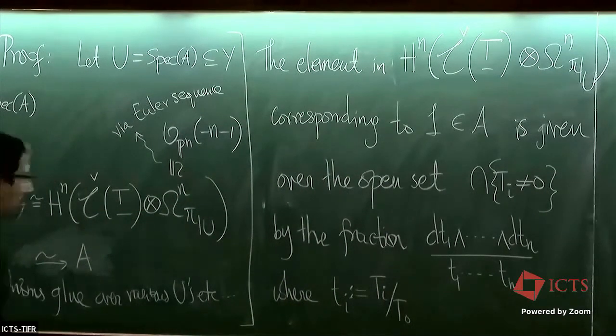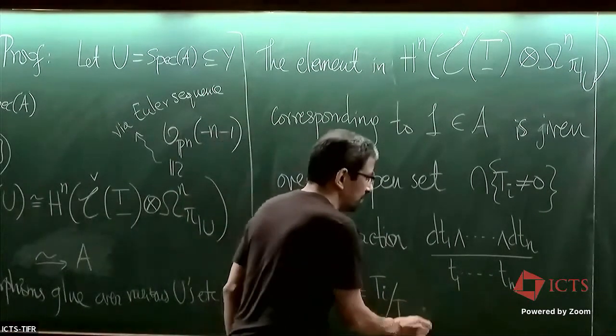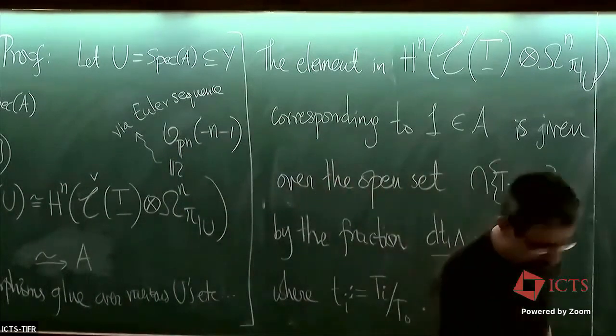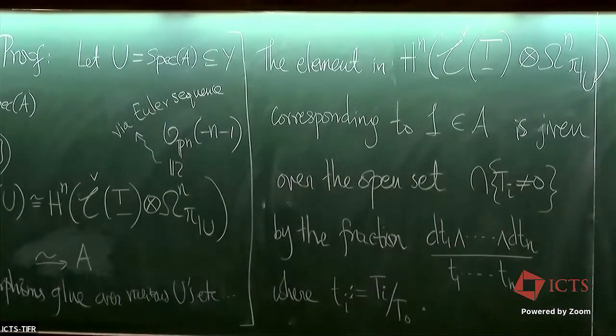And that's the key point. And in fact, this is actually a very important point in this whole business. It's chasing through this element which makes a lot of things work. And the things I want to talk about, residues and traces, are also related to this kind of expression.